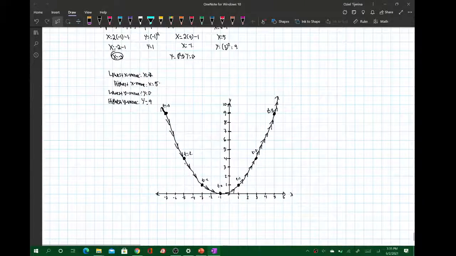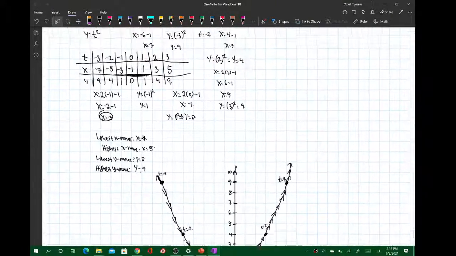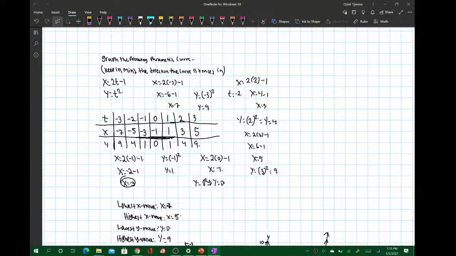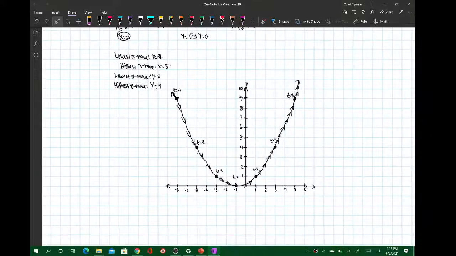And that is how you graph this parametric equation, when we're not actually solving for any variable.